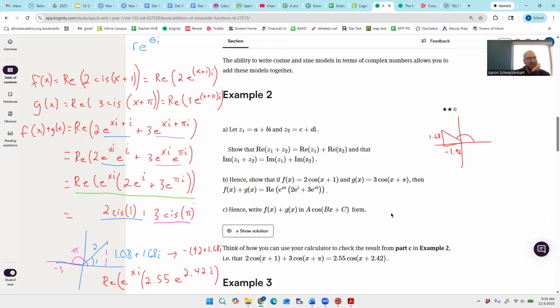Does that make sense? So then to go back, I can multiply these. I've got e^(xi) and e^(2.42i), which when I multiply, I add the exponents, correct? And then I factored out.